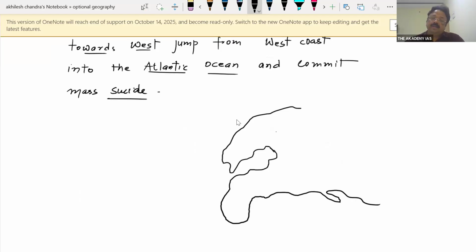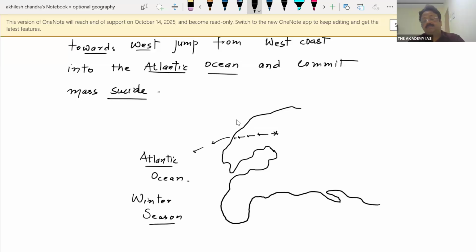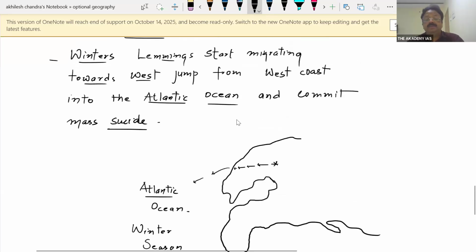So they start migrating towards west, and they jump from the Norway coast into the Atlantic Ocean, especially in winter season. And their mass suicide, in lakhs in number, was reported from here.